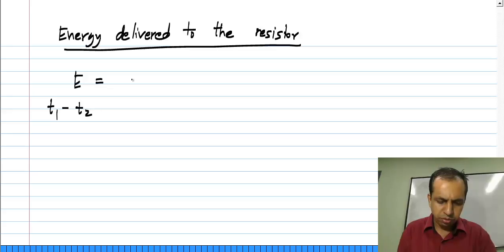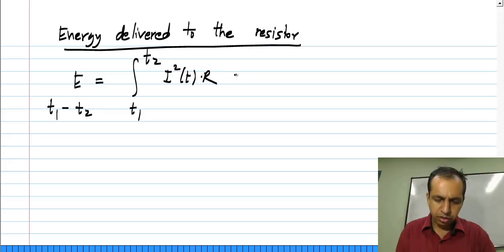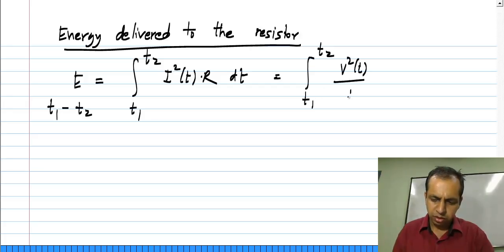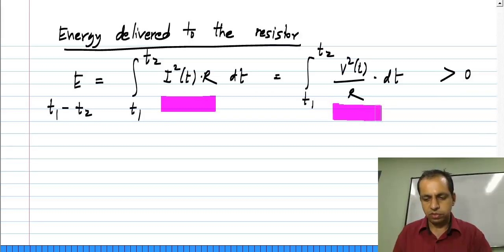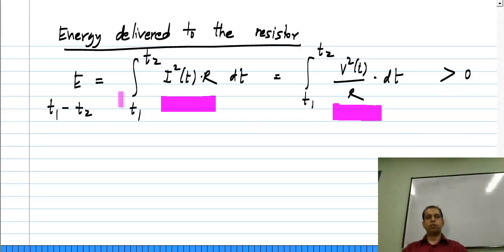From T1 to T2, it will be the integral of I square R dt, or the integral from T1 to T2 of V square by R with respect to time, and this also obviously is always greater than or equal to 0, because the power itself is always positive. So, a resistor always absorbs energy, it can never deliver any energy. Okay.